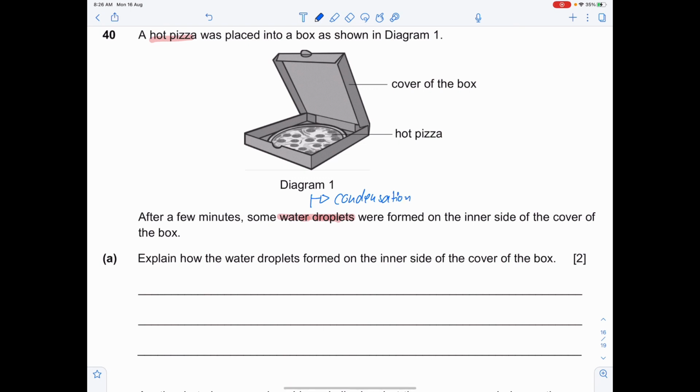The greater the exposed surface area of an object, the higher the rate of heat loss to the surrounding. Okay, so let me just pen it down. The greater the exposed surface area of an object, the higher the rate of heat loss.